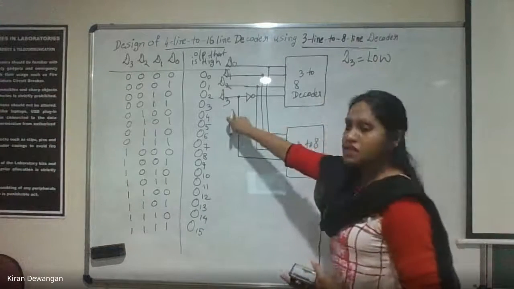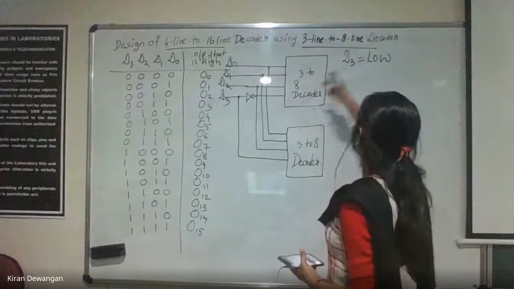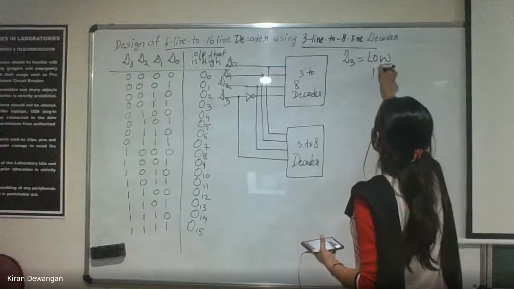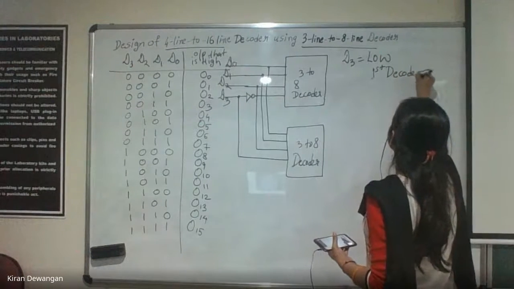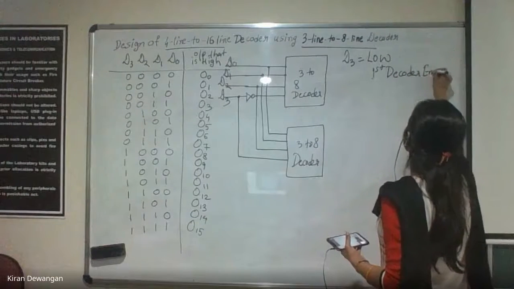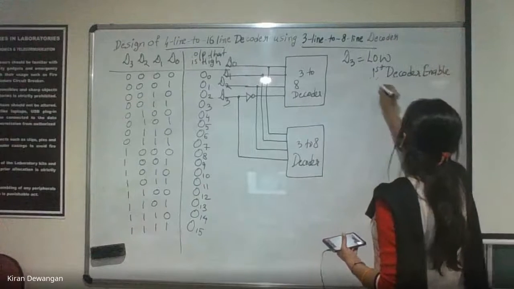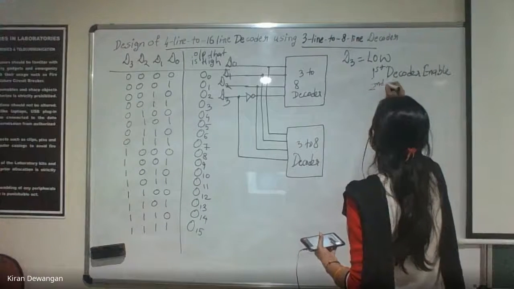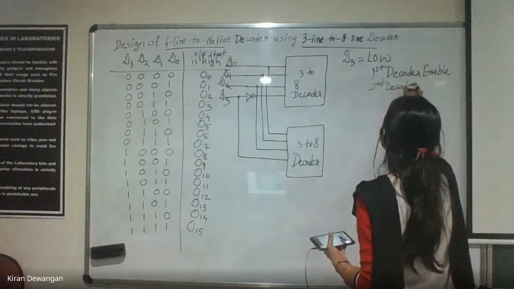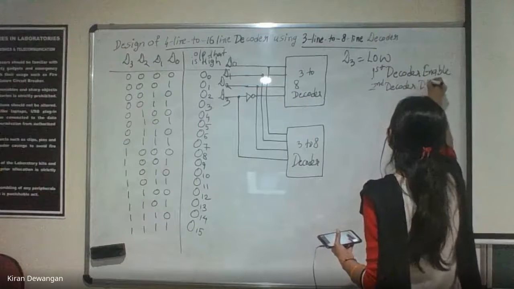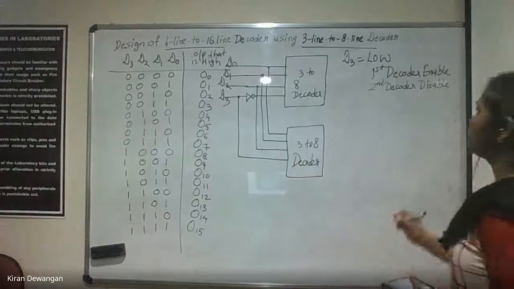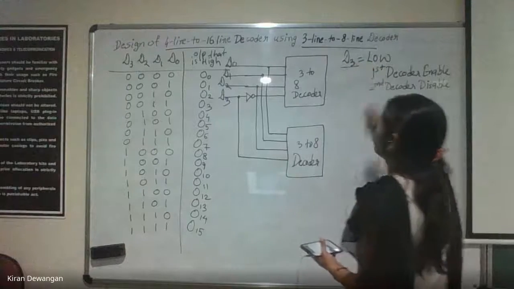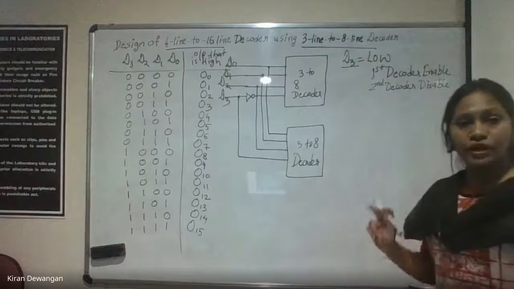When D3 is low, the first decoder enables and the second decoder disables. The second decoder is disabled when D3 is low. That is the important point.